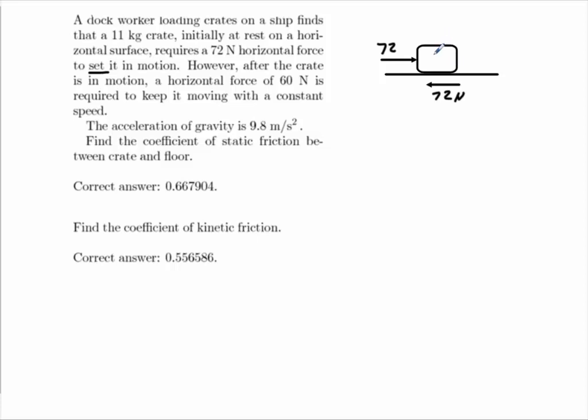Alright, since this has a mass of 11 kilograms, then we can figure out what the coefficient of friction is. If we draw ourselves a force diagram again, we'll have 11 times 9.8 coming down. Grab a calculator real quick. That gives me 107.8 coming down.